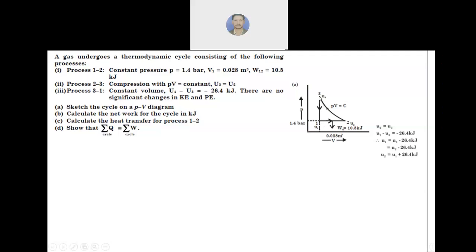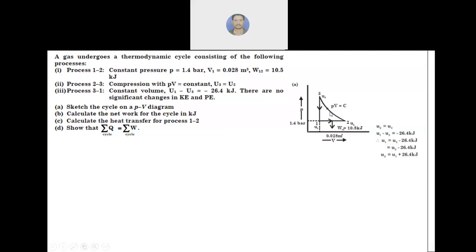See, first make constant pressure process 1 2. From 2, because it is compression, pressure will increase, volume will decrease. From here either you can go downside also like this, or you can go up also. But why you have gone this side? Because you have to see that volume should decrease and pressure should increase. So this is only the case.